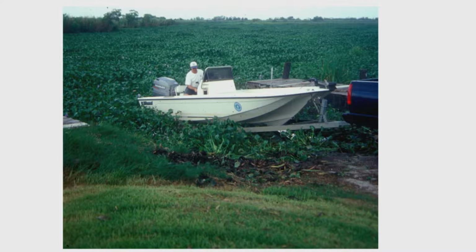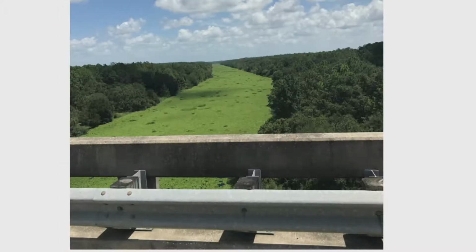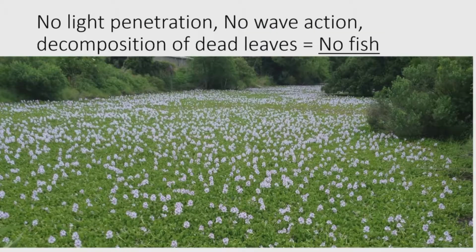It doubles in number every 10 to 14 days, and as soon as you turn your back on an invasive plant is when you start losing. And if you think it's not an issue in Florida, still to this day, this is a picture I took 2 years ago of the Cross Florida Barge Canal. There are over 4 miles of floating plants that are clogging this canal and causing tremendous economic impact, even within our state currently.